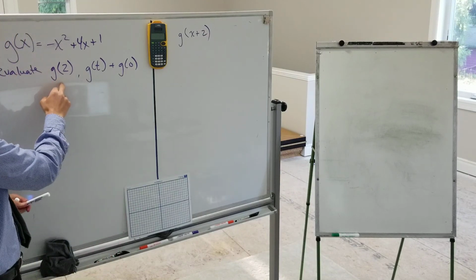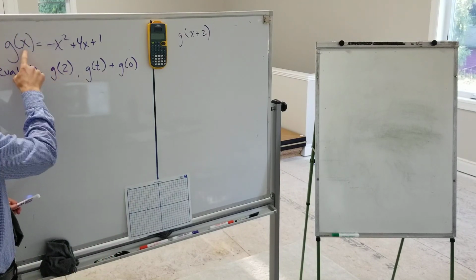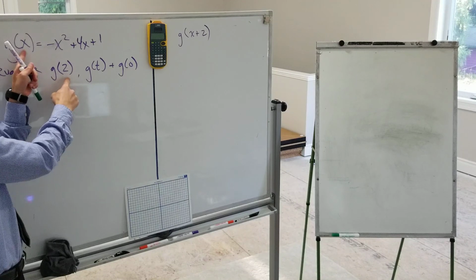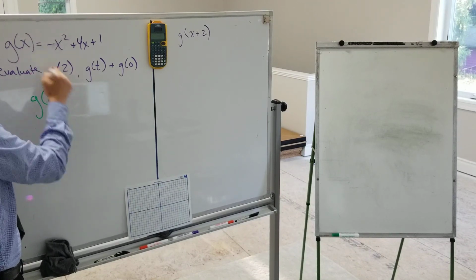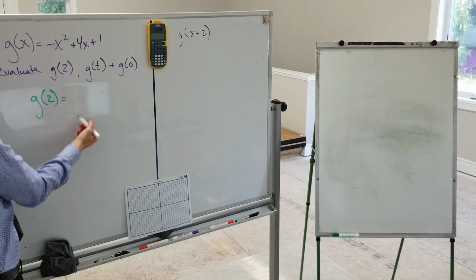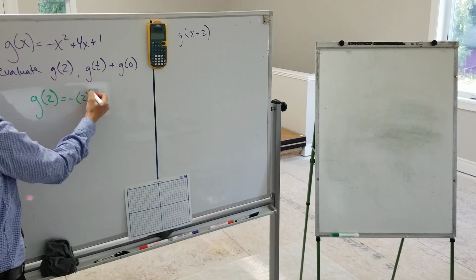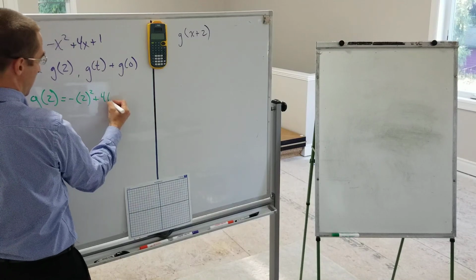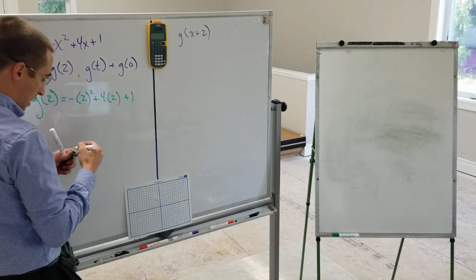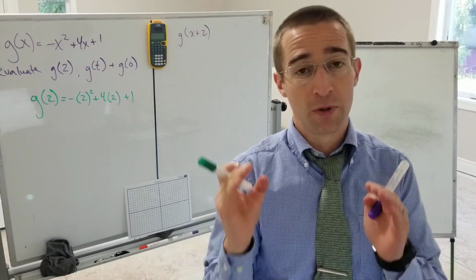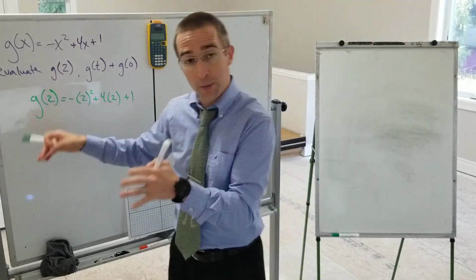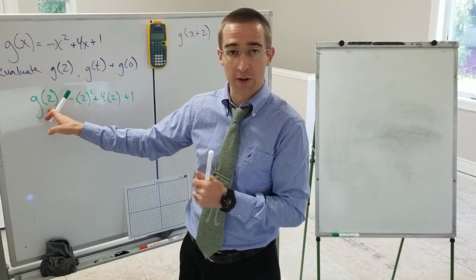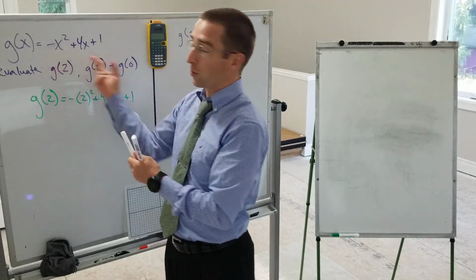To evaluate g of 2, instead of g of x, we have g of 2. So we replace every x with a 2. We're going to go negative 2 squared plus 4 times 2 plus 1. Whenever you're doing this, whatever number or expression you're evaluating inside the function, it's usually best to put parentheses around it everywhere there would be an x.